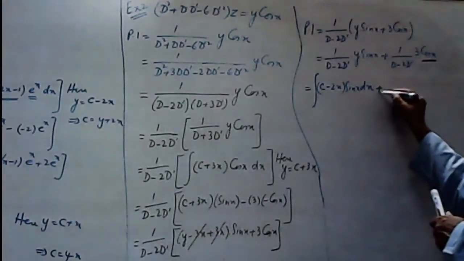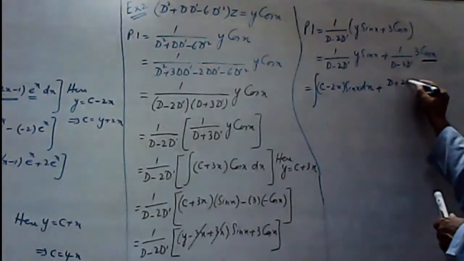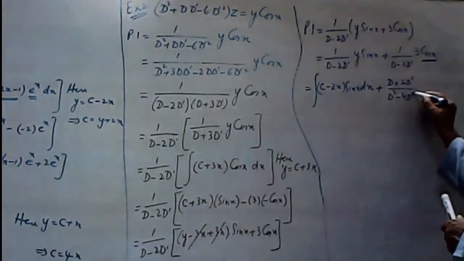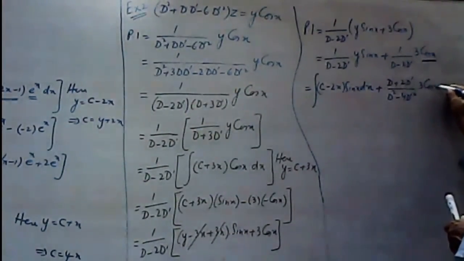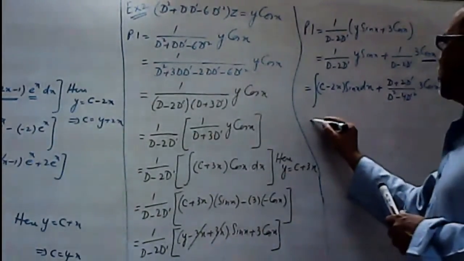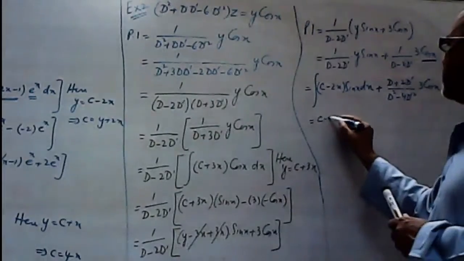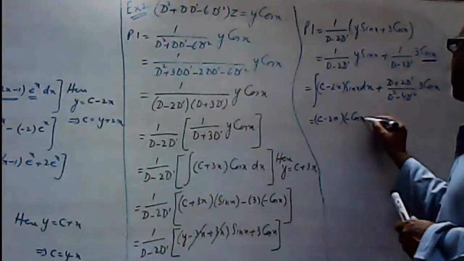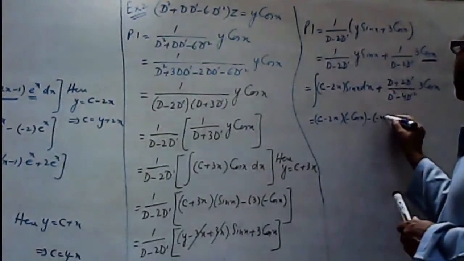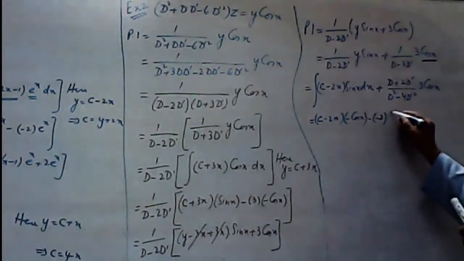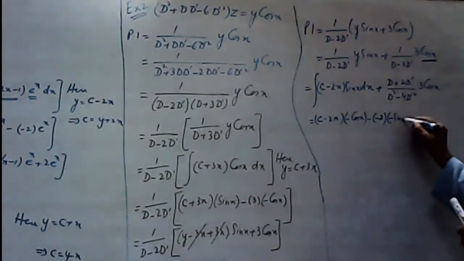So using method number 2, (D + 2D') upon (D² - 4D'²) of 3 cos x. Here applying u into v: (c - 2x) into minus cos x, then minus 2, and then minus sin x.